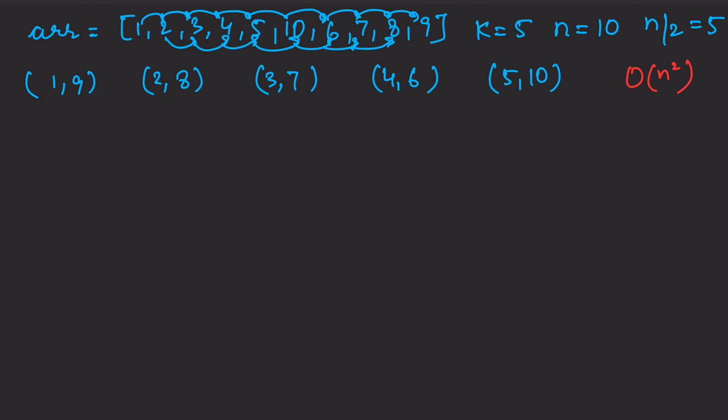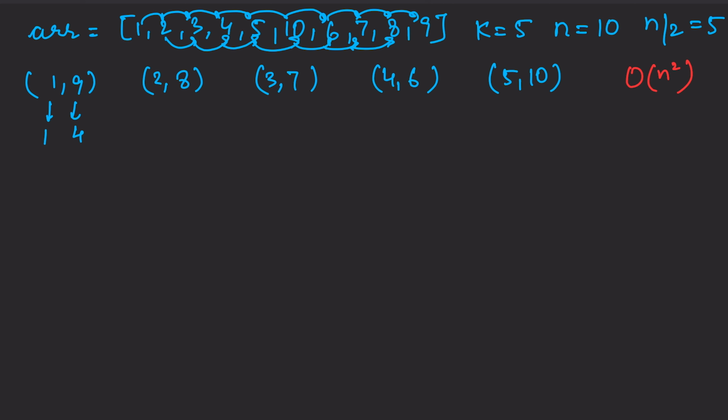Now let's see if we can optimize it a little and get something more efficient. Whenever you're seeing divisibility in a question, maybe you can think in terms of remainders. So what if for each number in the array, we find its remainder with k? So for 1, we get 1.